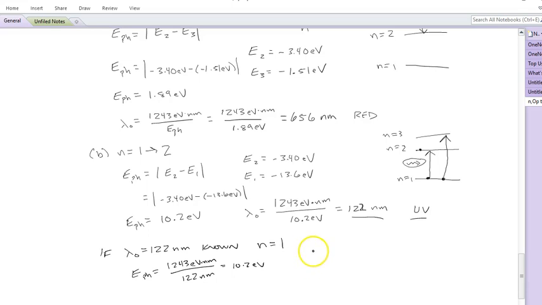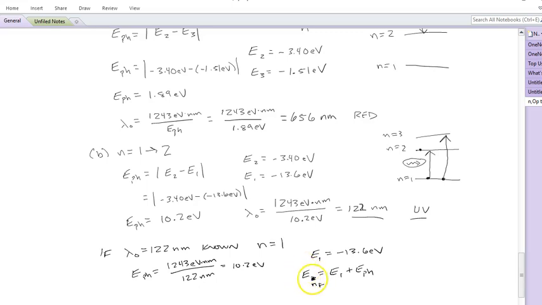Then you would say, okay, look, the initial atomic energy, E1, is minus 13.6 eV. What I'm going to do, since the photon is absorbed, I'm going to add to E1 the photon energy, and that should get me E sub n, that should get me the final atomic energy.